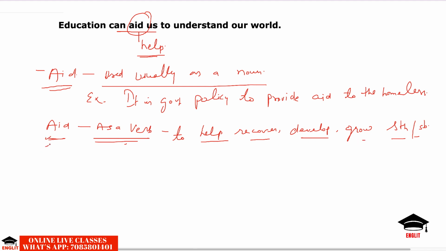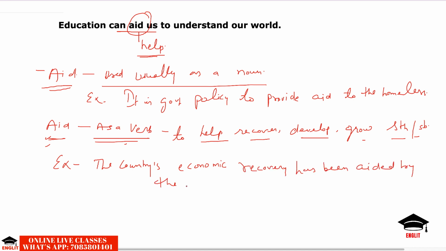We can use aid as a verb like the country's economic recovery has been aided by the recent peace agreement. So एड यूज़ किया हमने वर्ब की तरह, लेकिन रिकवर करने में, डेवलप होने में और ग्रो करने में जो हेल्प करती है चीज़, उसके लिए आप aid as a verb यूज़ कर सकते हो. In other cases, in other areas and in other matters we use aid only as a noun.